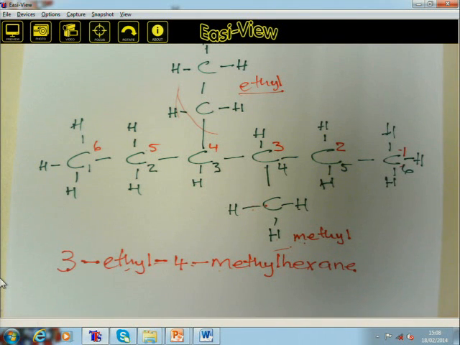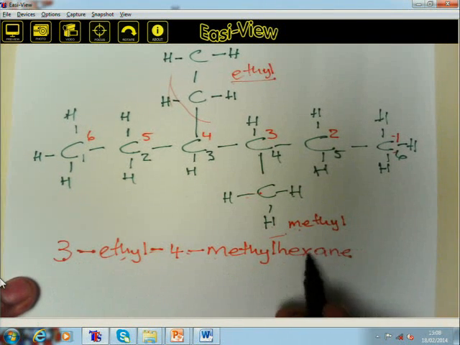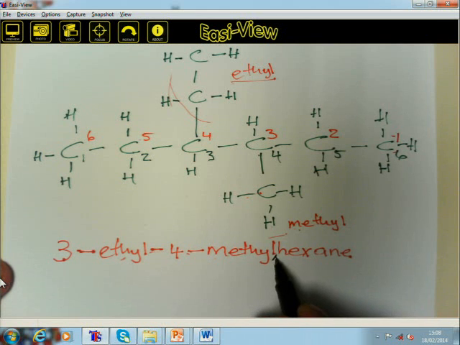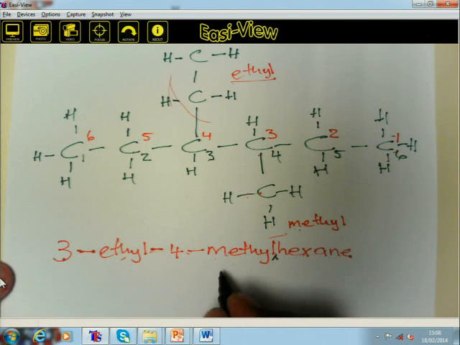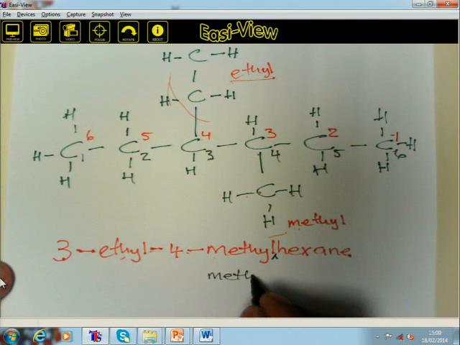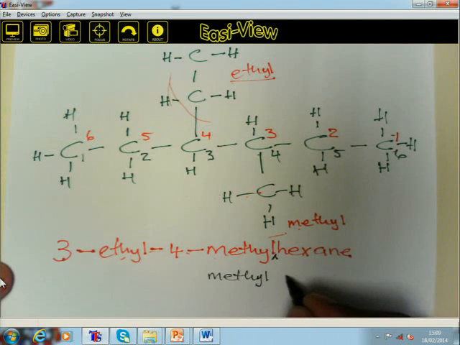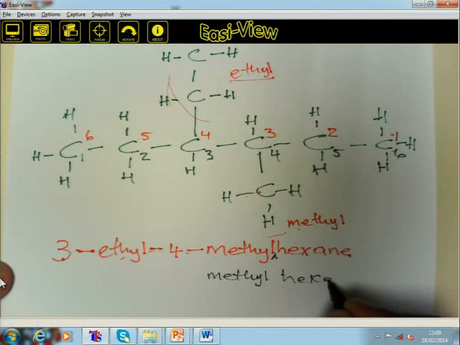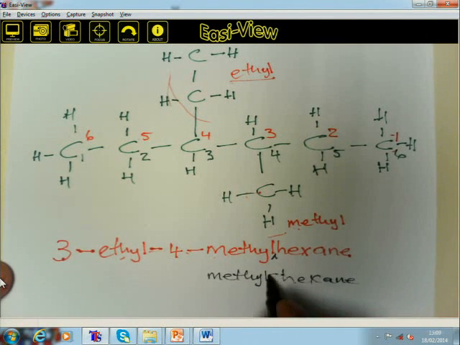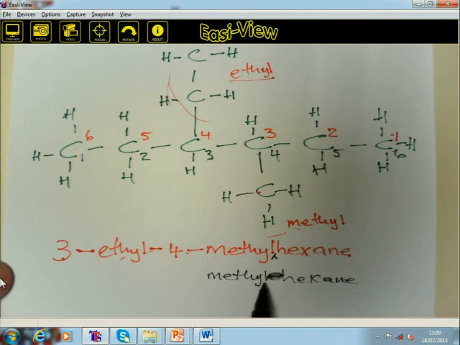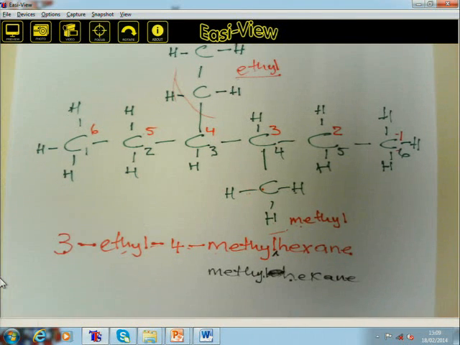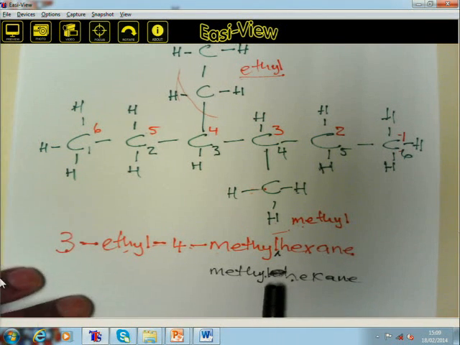This is very important. When you give this name, please make sure that you don't make a mistake of writing it like methyl, and I'll just write this last part, hexane, where you have a space between the E and the H. Because what we have realized is when you are marked at the end of the year, you get penalized for this.